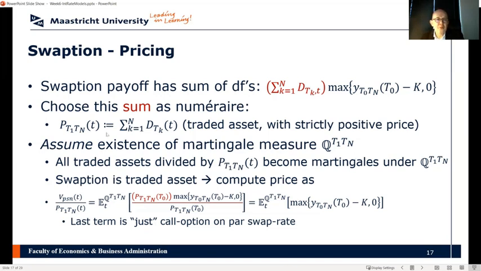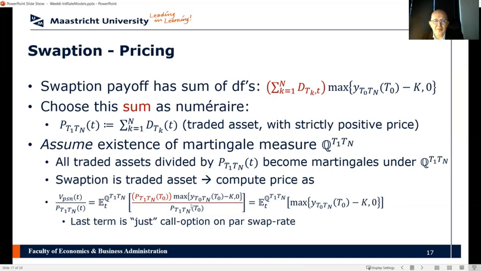A swaption is a traded asset in the economy. Therefore, I can compute the value of the payer swaption at time small t, divided by the value of the numeraire at time small t, as the Q T1 Tn expectation of the payoff of the swaption evaluated at the option exercise date time t0.